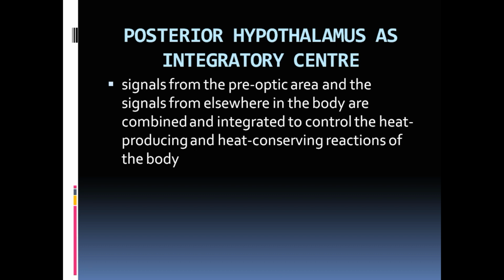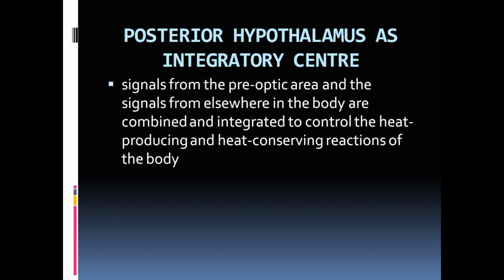So if hypothermia is occurring in the body, the posterior hypothalamus will analyze it from the signals coming from the skin, deep tissues, and from the anterior hypothalamus, and then it will send the efferent signals to the effector organs to prevent hypothermia and to increase the heat generation in the body.